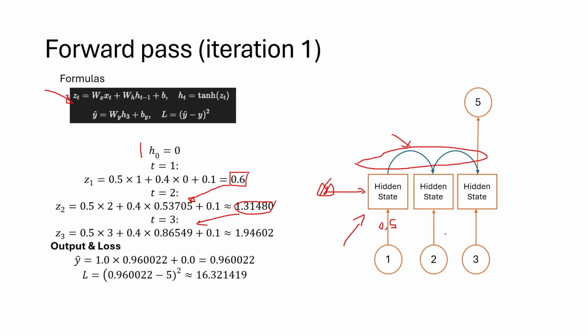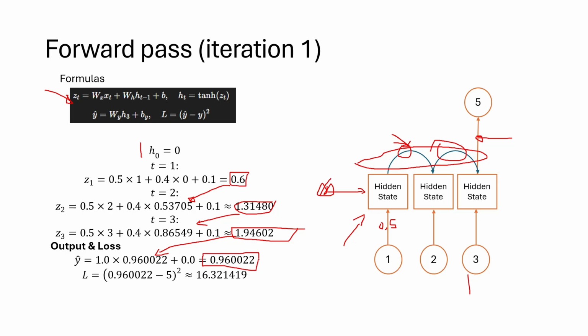We do the same here, 3 times the weight plus the weight of this part, which is similar to this part, multiplied by the previous hidden state plus the bias. We get this one, and then we perform the activation. We get this value multiplied by this weight here because it's the output layer plus the bias, so we get this value.